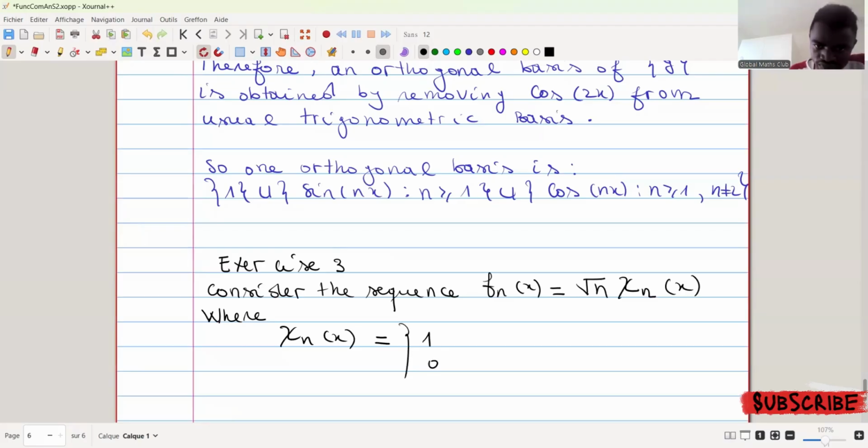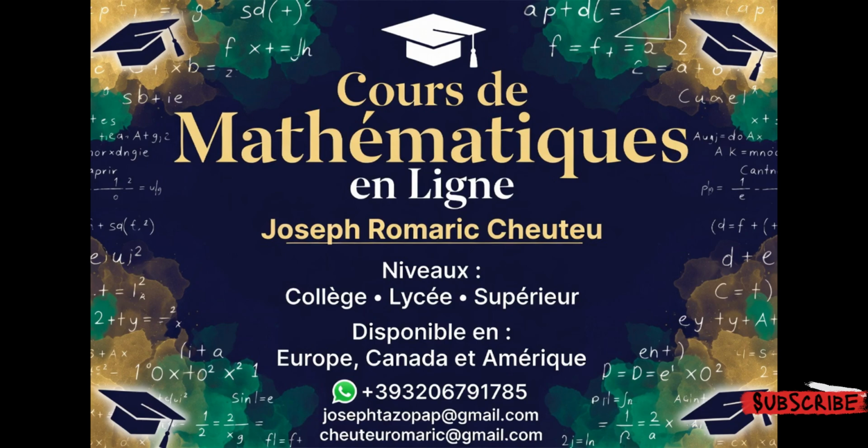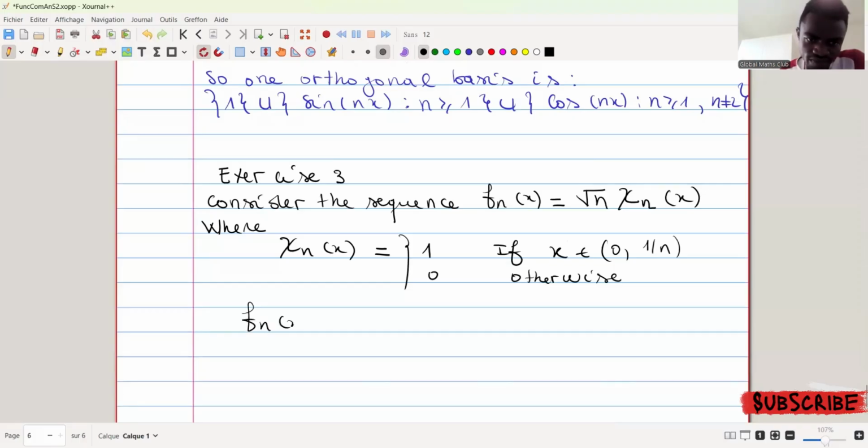It is equal to 1 if x is in [0, 1/n], and 0 otherwise. Now, what is the first question here? So f_n is what finally? You just take the square root of n multiplying this characteristic function.